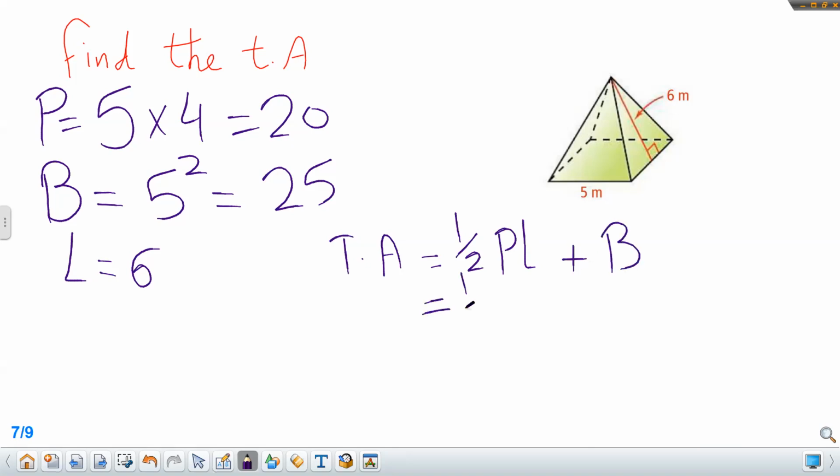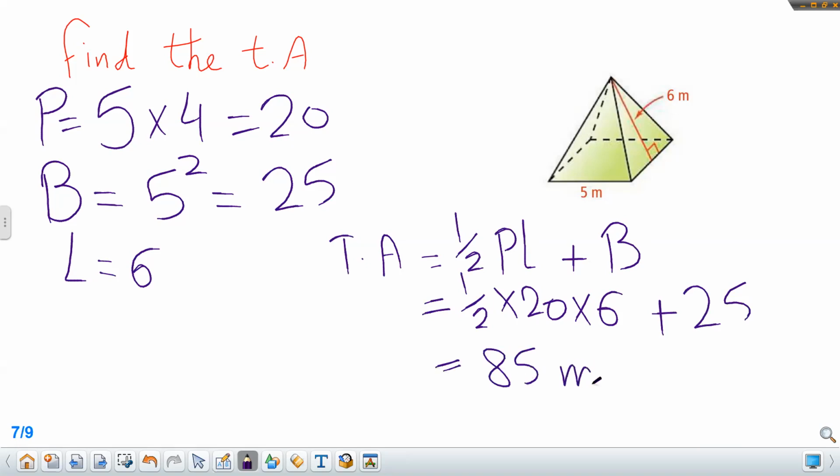It's direct substitution. Half times the perimeter of its base, which is 20, times slant height, which is 6, plus base area, which is 25. You can calculate that. It will be 85 meters square because it's area.